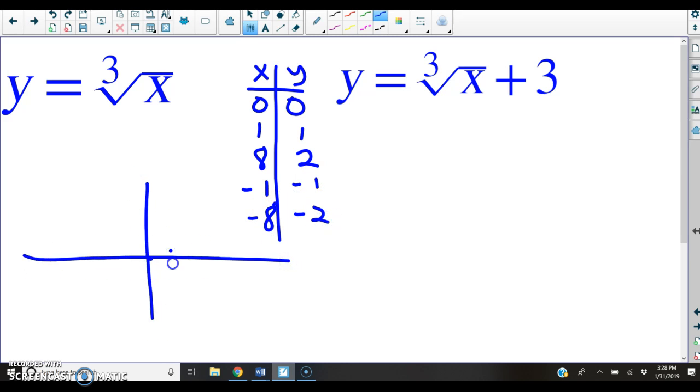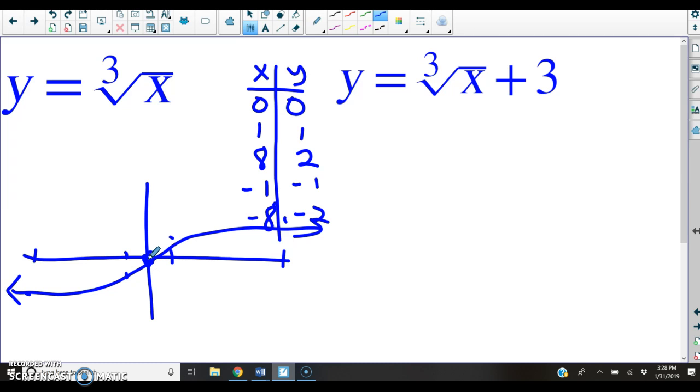So a cube root looks kind of like that, but it's much more stretched out. And I missed my dots, but you get the idea. So cube root actually has rotational symmetry about the origin until we move it. That's supposed to be there at the origin.